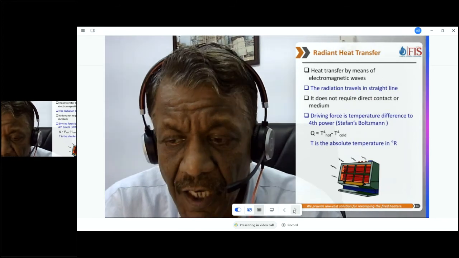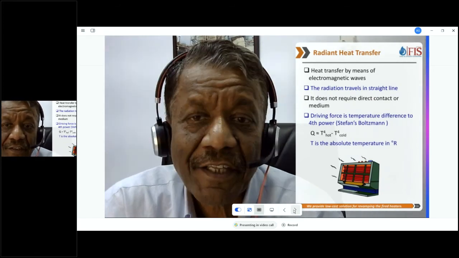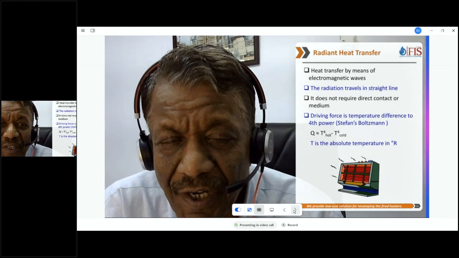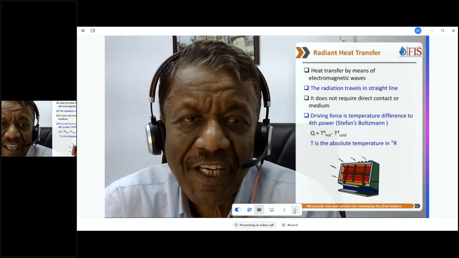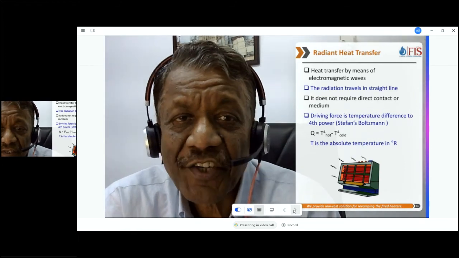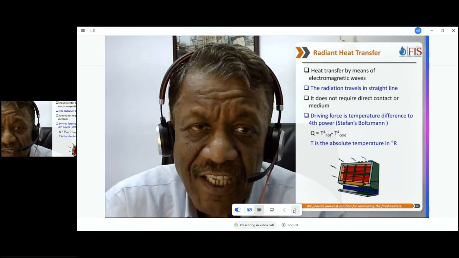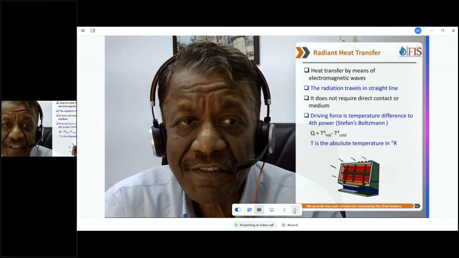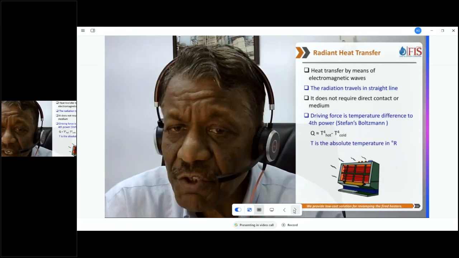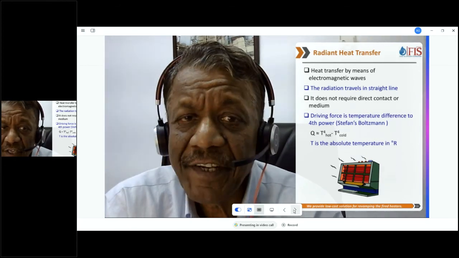Very, very basics. I think all of you know, I don't need to put it, but I still thought I would add it. Radiant heat transfer is heat transfer by electromagnetic waves. Radiation always travels in a straight line and does not require any medium or any contact.